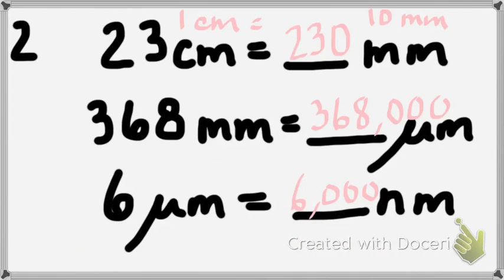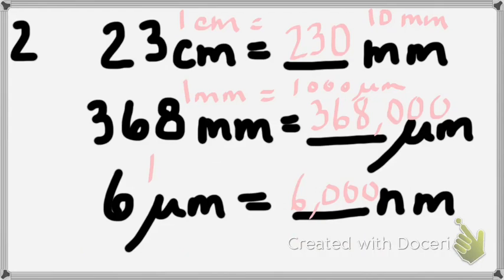Okay, and then if you look at the previous page, she saw that 1 millimeter is equal to 1,000 micrometers. So to make 1 become 1,000, you have to move the decimal place 3 times to the right. So that's what Nyla did. She moved the decimal place 3 times to the right. Same thing here.